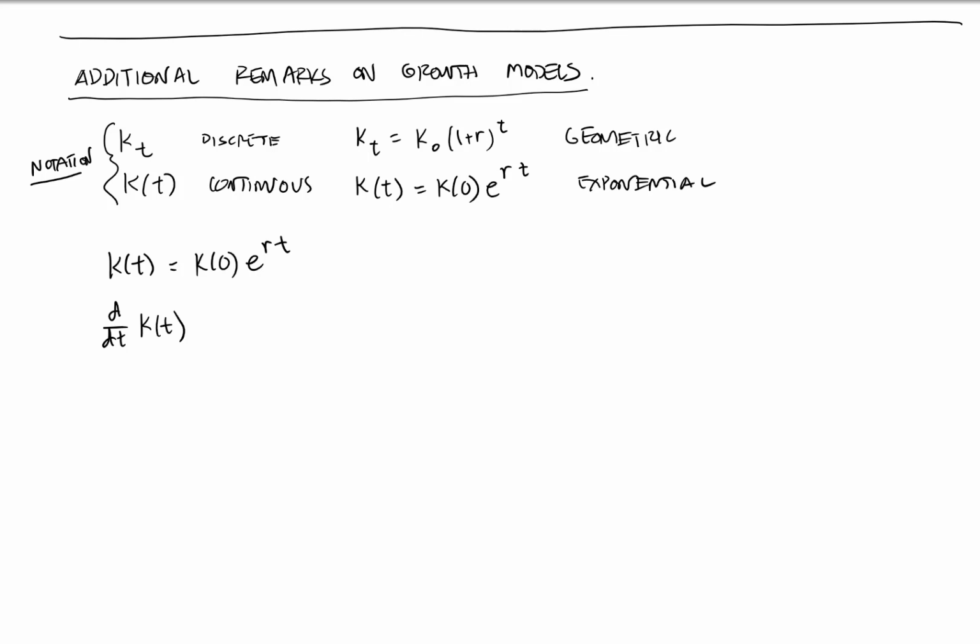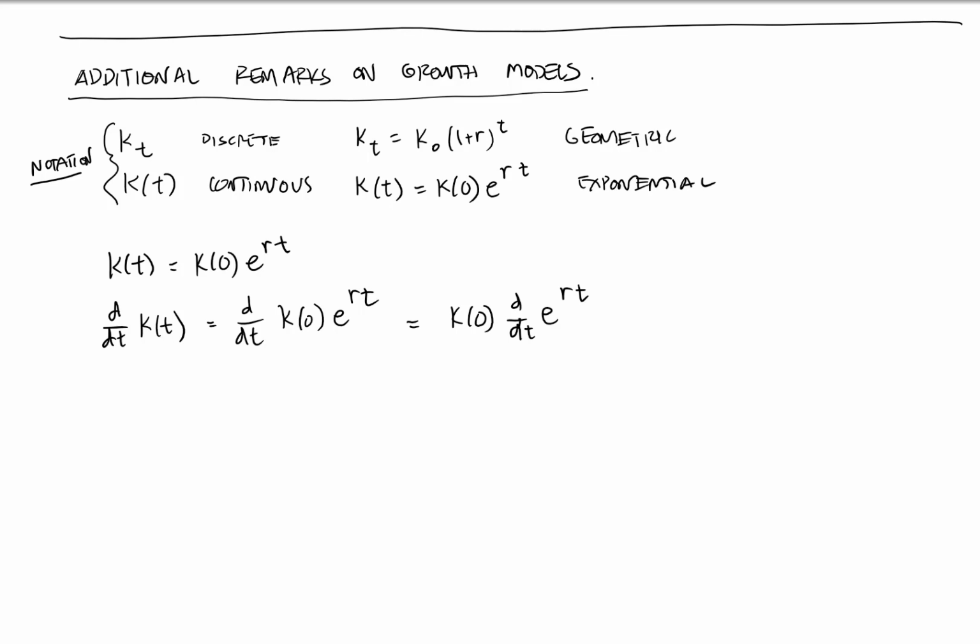Well, if we're going to do that, we should take the derivative of the right-hand side. So that's d/dt of k0 e to the rt. K0 is our starting population. It does not depend on t. So that should equal k0 d/dt e to the rt.